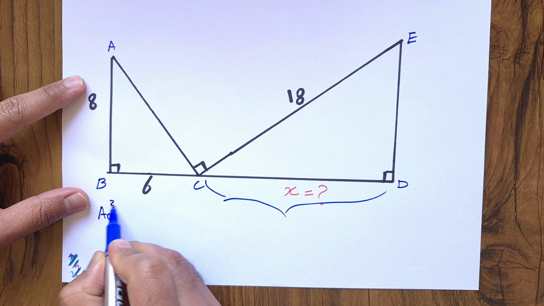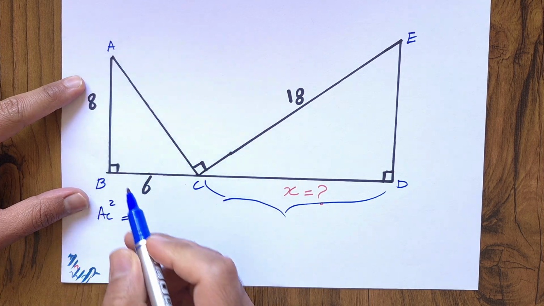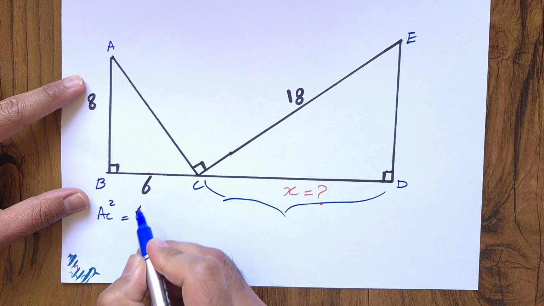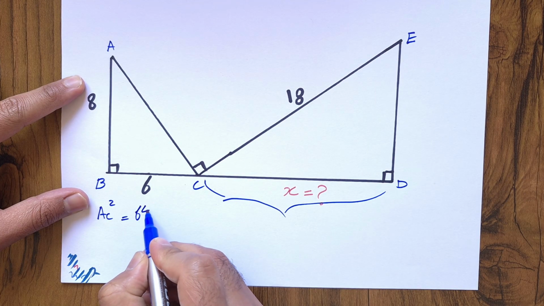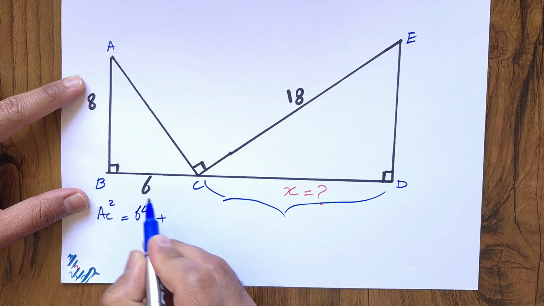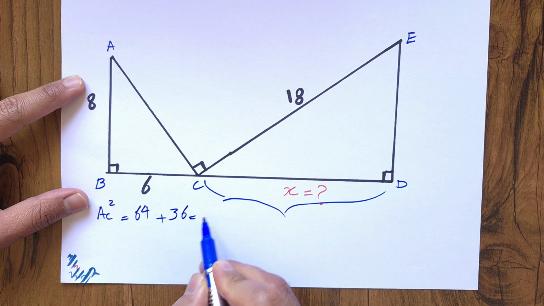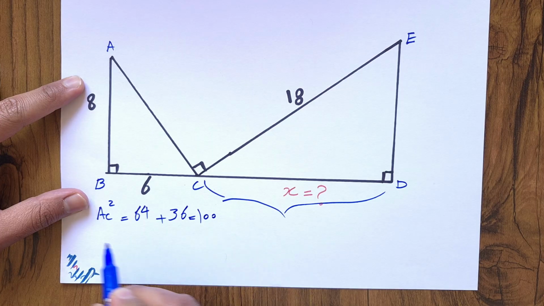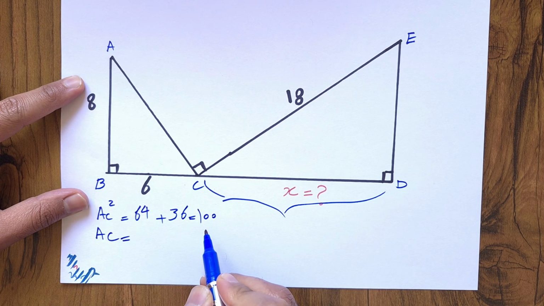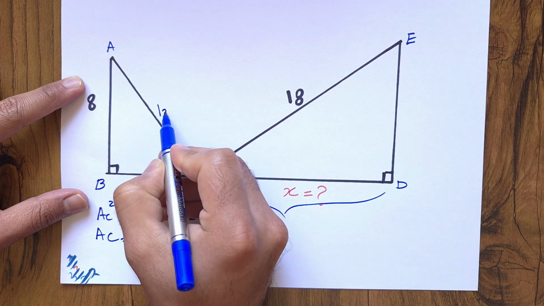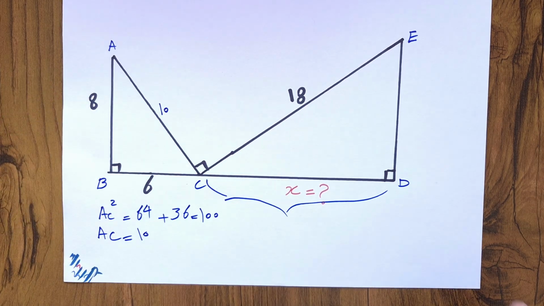AC squared equals AB squared, which is 8 squared, plus BC squared, which is 6 squared, which is 36, right? So this gives us 100, and AC equals square root of 100, which is 10. So the hypotenuse here on the left triangle is just 10 units.